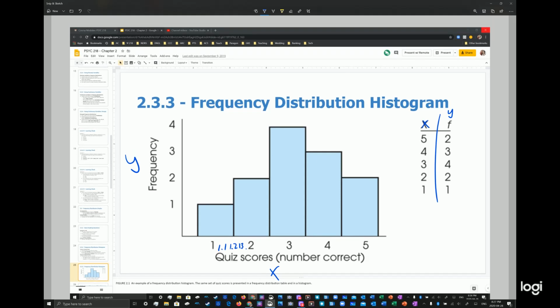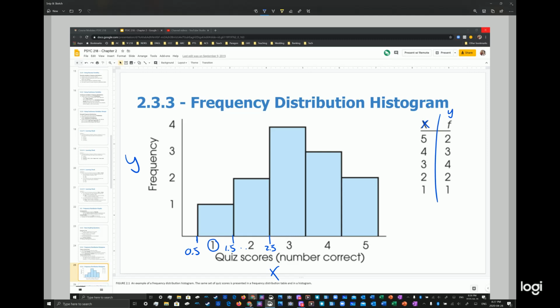And you notice also that the bar itself, the left side of the bar, is the lower real limit of this value here. And the right side of the bar is the upper real limit of 1. So here for 2 it will be 1.5 and 2.5.